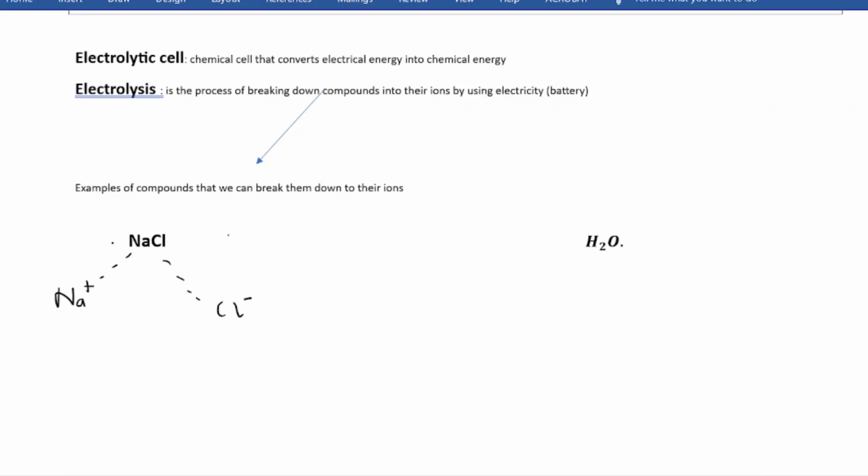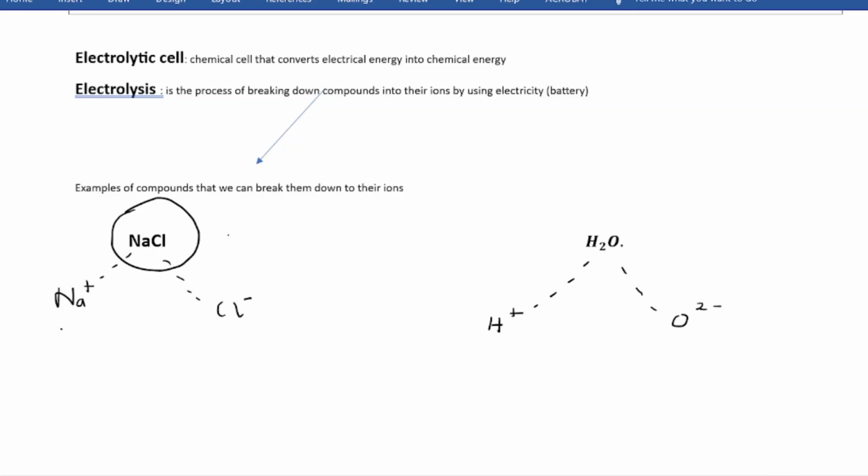Again, we've got the example of water. Water can be broken down into its ions, hydrogen and oxygen. But for today's video, we're going to look at the breakdown of sodium chloride by using electricity.